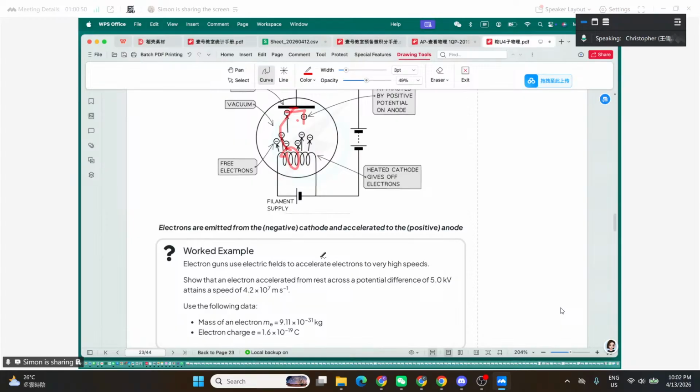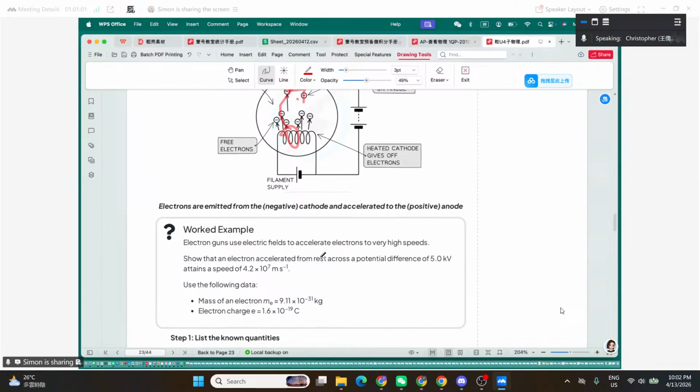Calculate the energy first. We want to show the kinetic energy, and then separate the variable into the speed.